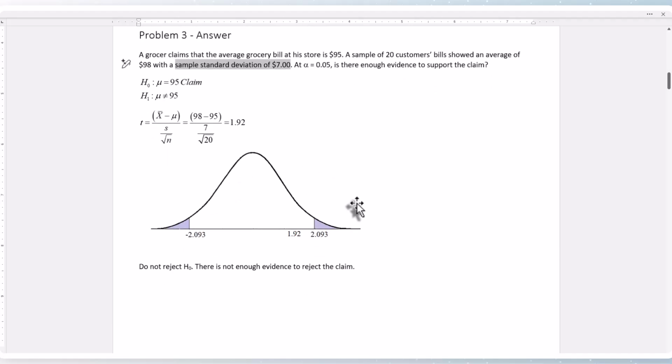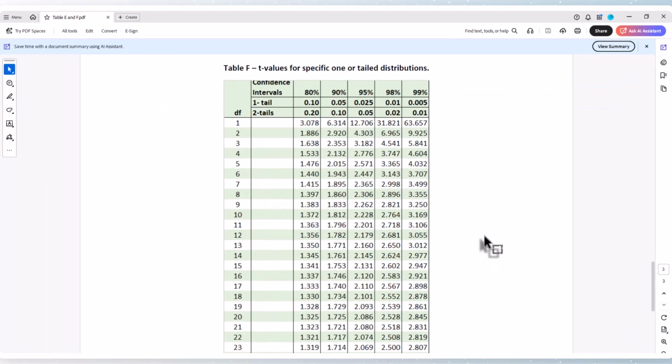To find the critical values, degrees of freedom is 20 minus 1, 19. Alpha is 0.05. So it's a two-tailed test. We look at our table, two tails, 0.05. We go down to 19, 2.093.